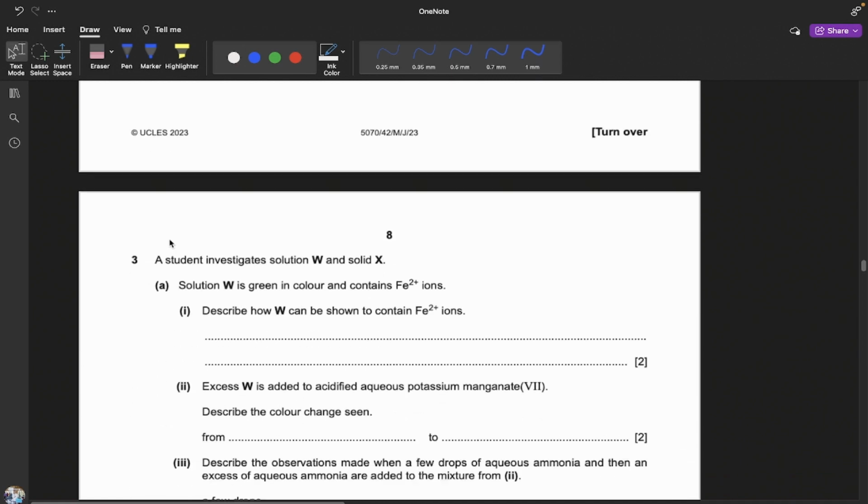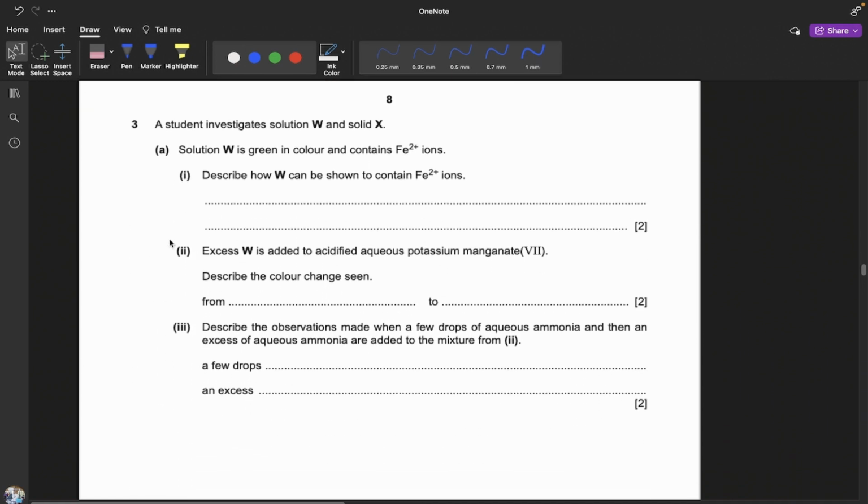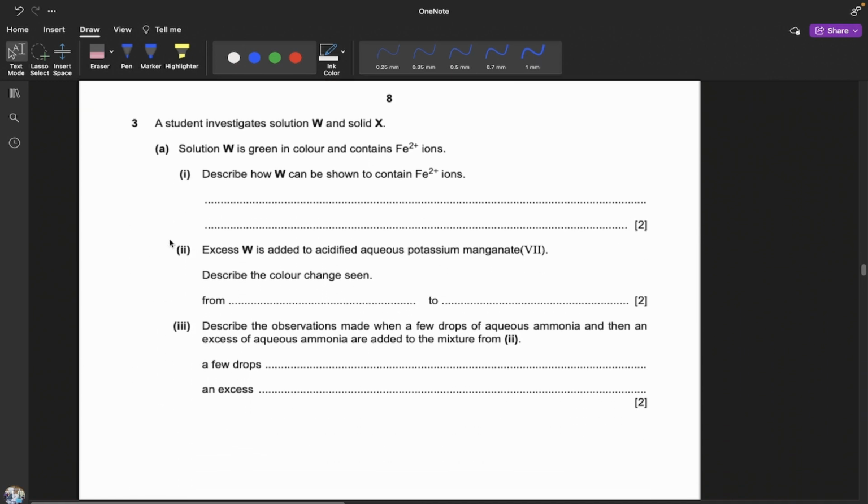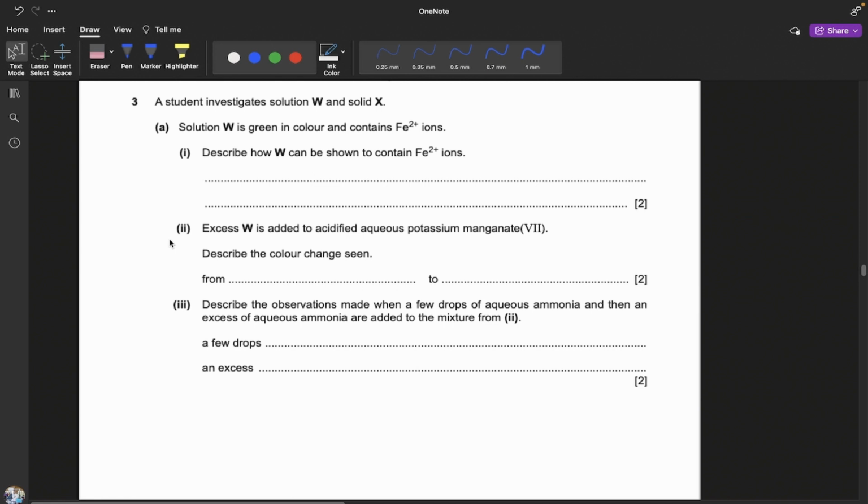Next question. A student investigates solution W and solid X. The solution W is green in color and contains Fe2+ ions. Describe how W can be shown to contain Fe2+ ions.